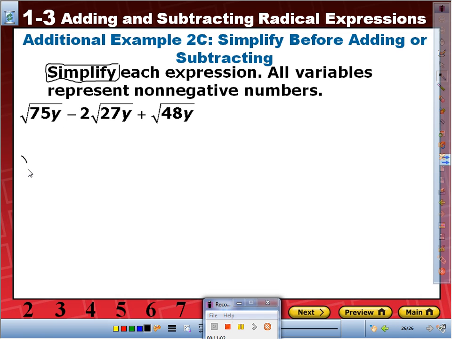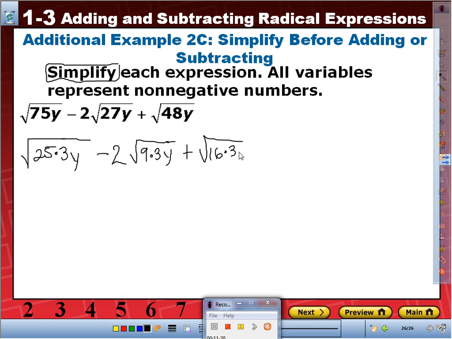Square root 75y becomes square root 25 times 3 times y. Is that correct? Minus 2 square root 9 times 3 times y, plus square root 16 times 3 times y.